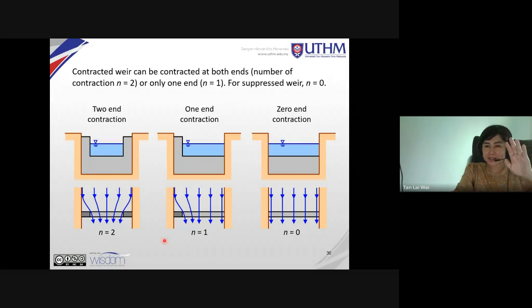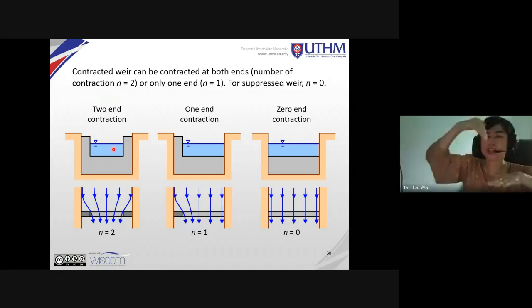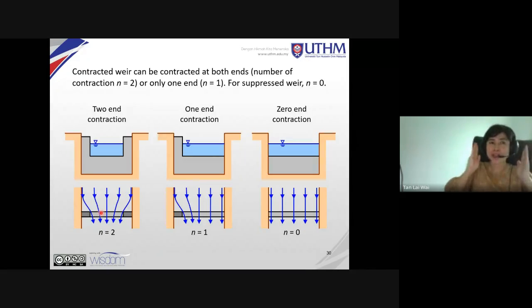Look, these 3 diagrams at the bottom are when you are looking from the top of the weir. Since you have contraction, the flow is being diverted. The flow area is reduced, which is smaller than L, so therefore you need to find the effective length, LE.